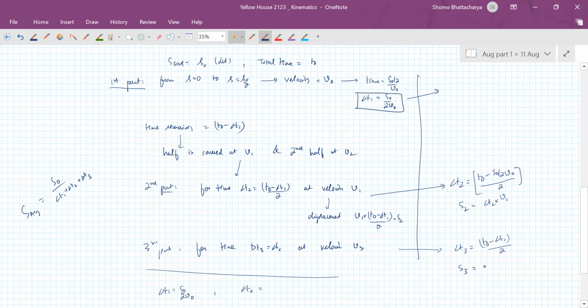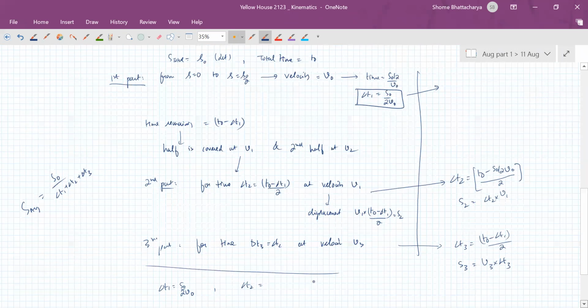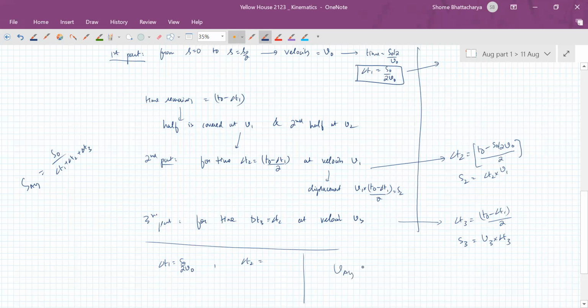So we can also do it this way, that we can express the average velocity as total displacement upon total time.